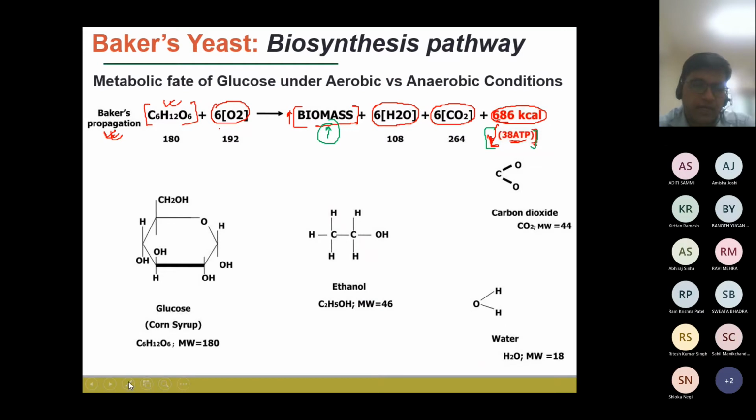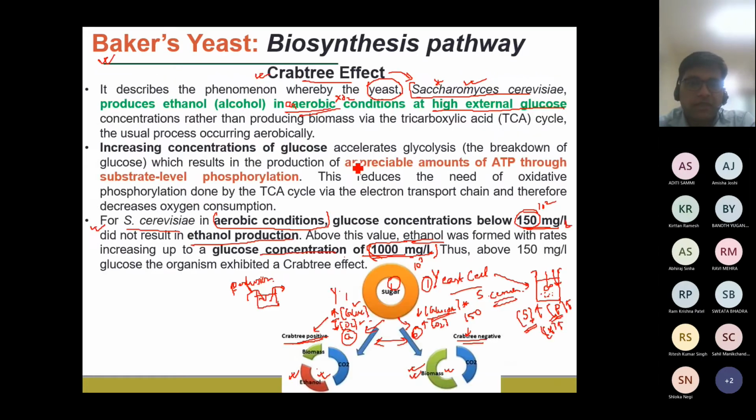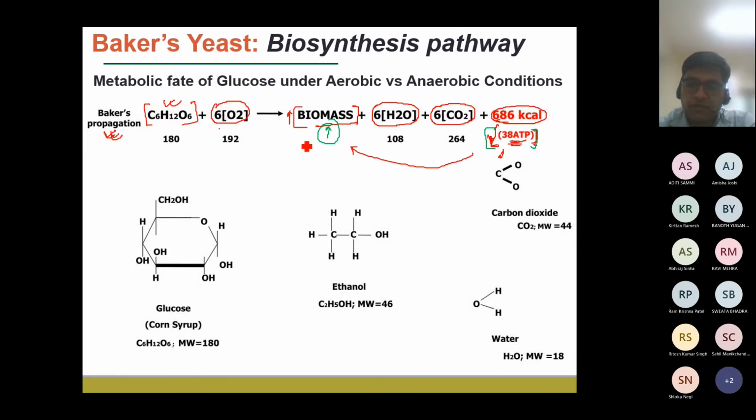And there is a release of energy, that is 38 ATP molecules are released in this step, which means around 686 kilocalories are released, and this energy from the ATPs is used for the production of more biomass. So if you are asked to write a detailed pathway, this is the overall pathway.